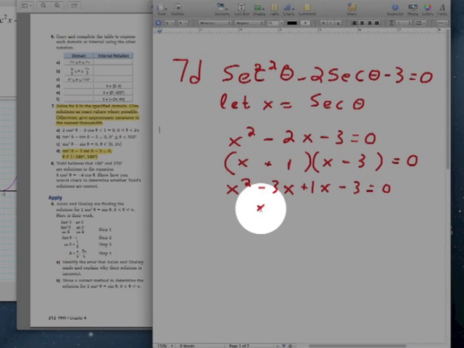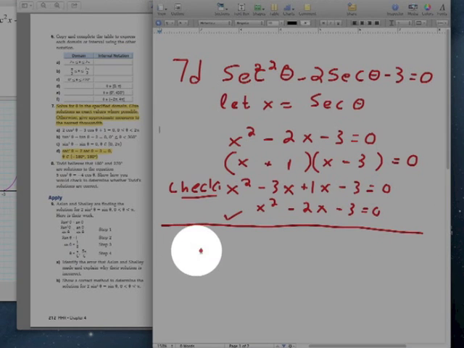And if we add it up, it's x squared minus 2x, because negative 3x plus 1x is negative 2x, minus 3 equals 0. This matches the original, so these factors are correct.